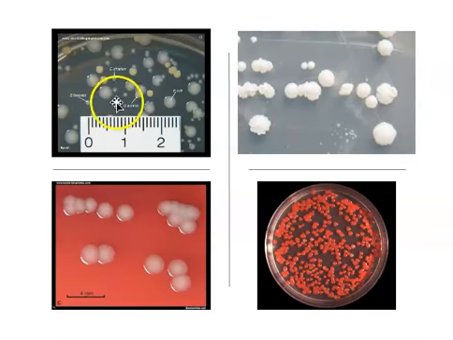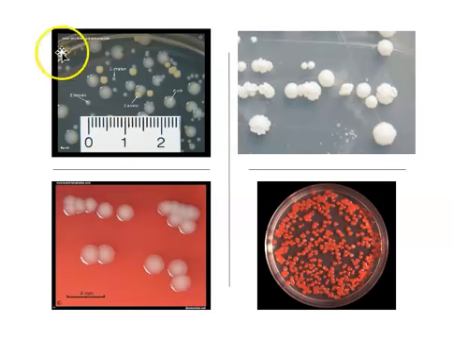So I know that at least one species made this large white colony, but I can't say for sure whether multiple species have made that large white colony. So if I see 3 visibly different types of colonies on a plate, I can say there are at least 3 different species of bacteria growing on that plate.